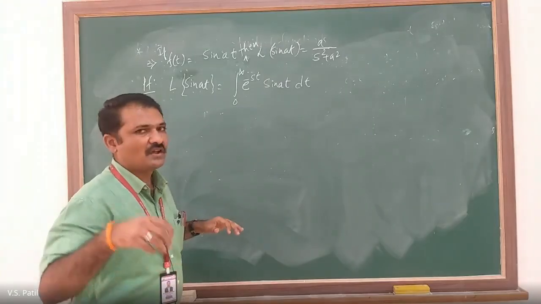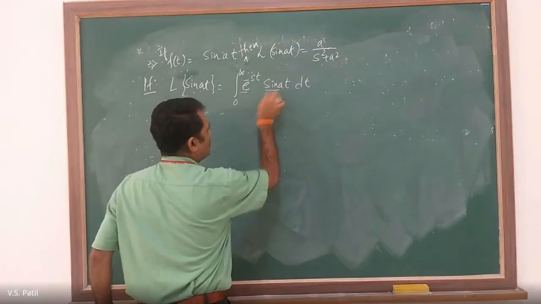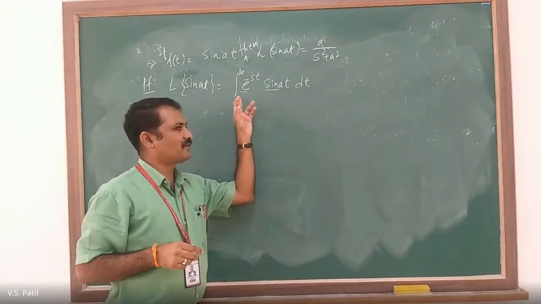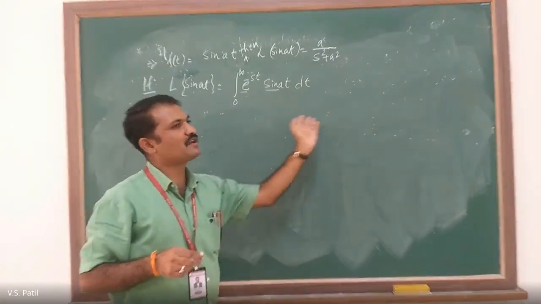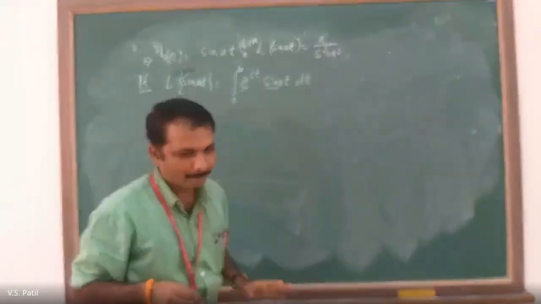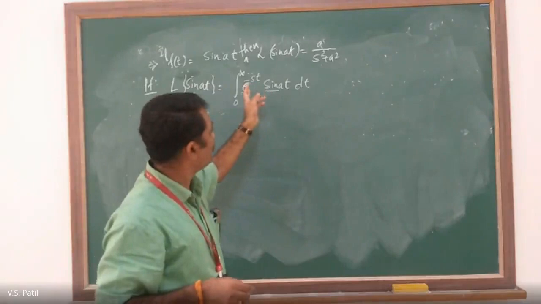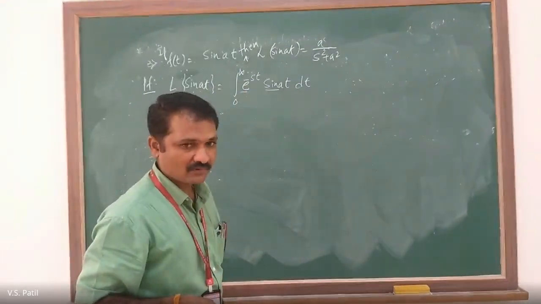It is u into v. If you take this as the first function and this as the second function and go on differentiating, it continues to the end. If you take this as the second function, then also the integration or differentiation is the same thing. It continues, isn't it? Yes, sir.